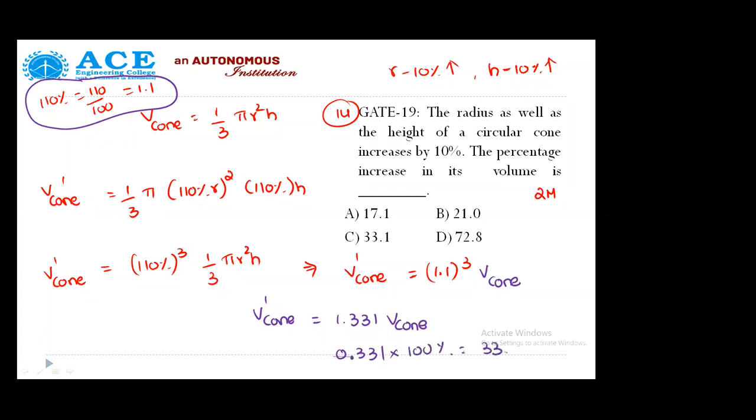This is 33.1% increase directly, we can say. 1 plus something. 1 means there is no increase, no decrease. 1 plus something extra, 0.331 extra. If you do into 100, that will say 33.1% increase.